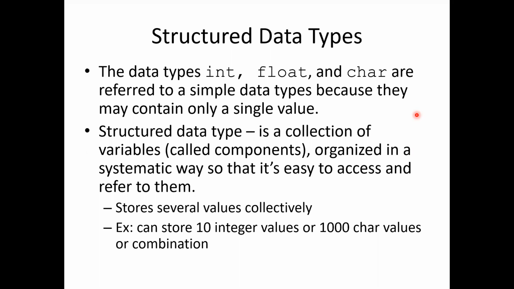So if you have noticed in our previous activities, whenever you declare an integer, float, or character, you're just entering a single value for each variable under those data types. Now, in structured data type, which is a collection of variables called components organized in a systematic way so that it's easy to access and refer to them, you are allowed to enter several values collectively.